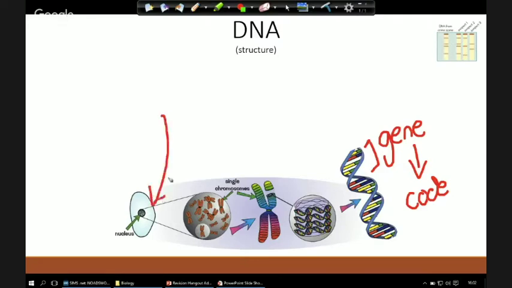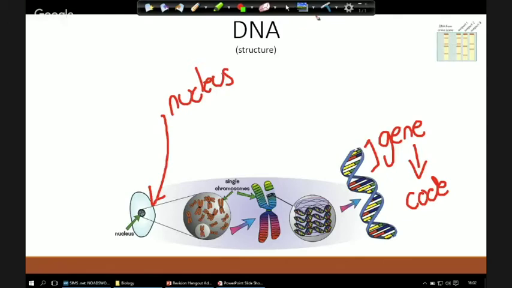And we find it within the nucleus of our cells. So DNA is the information for a particular organism found within the chromosomes, the instructions to make an organism become what it is. And within that, they're all found within the nucleus.